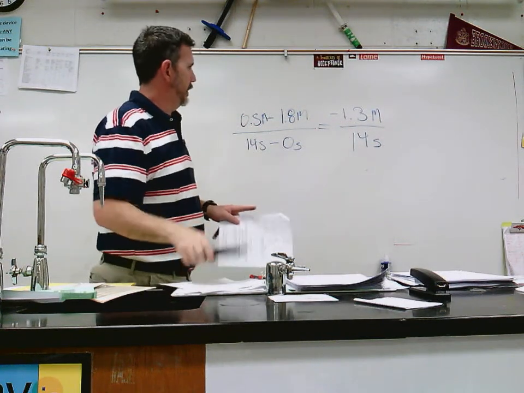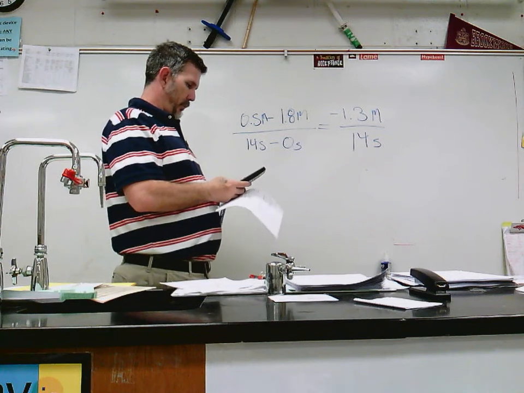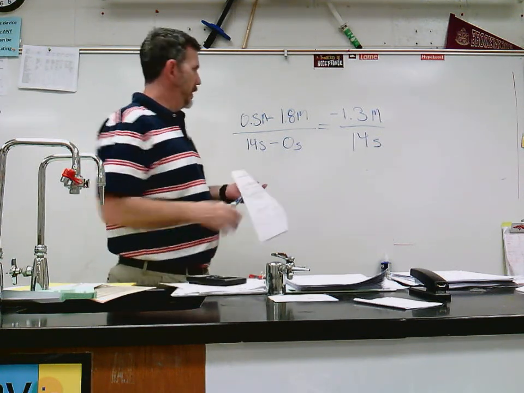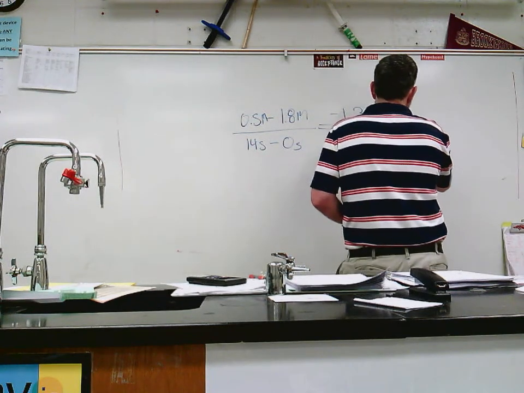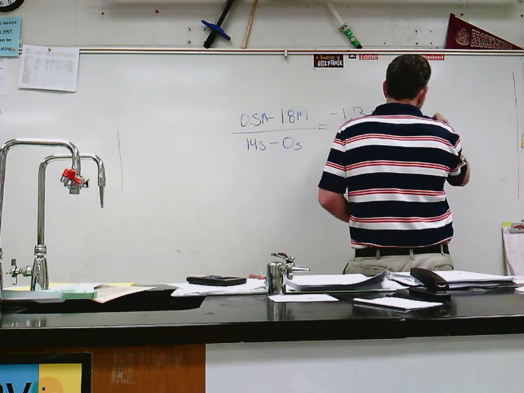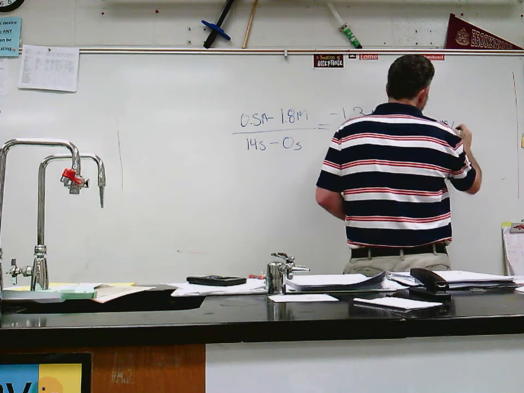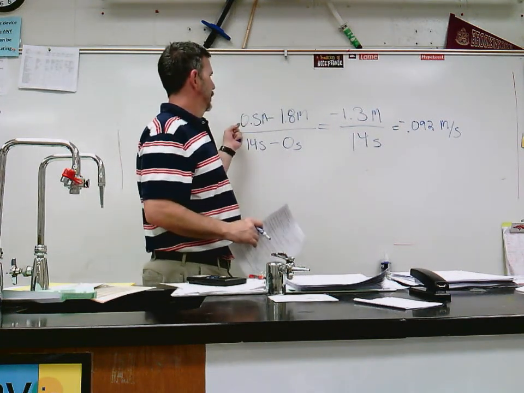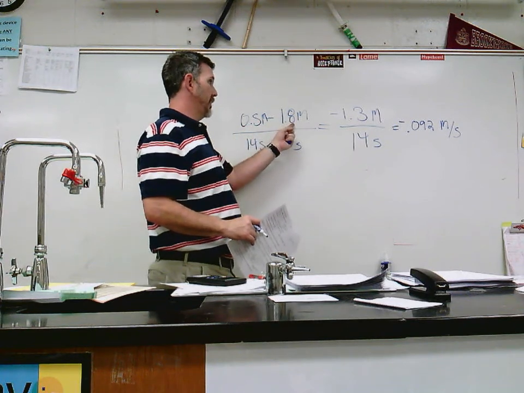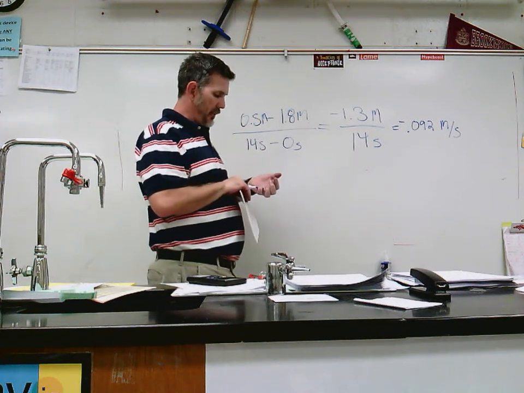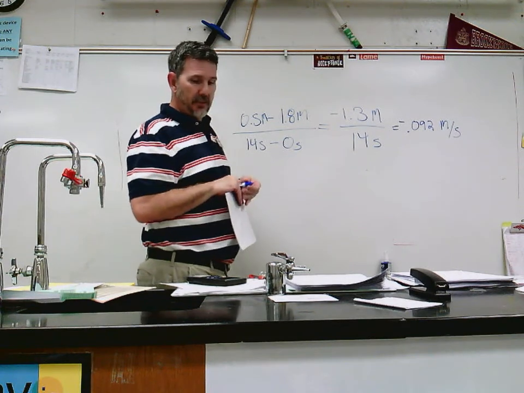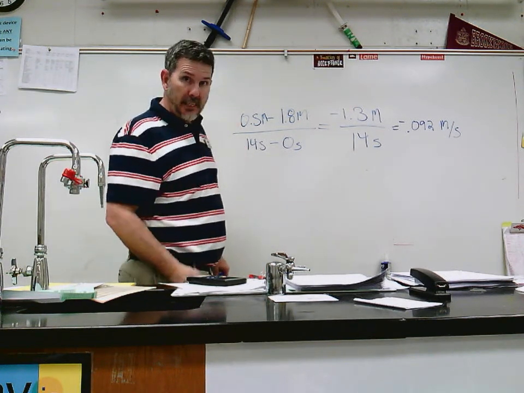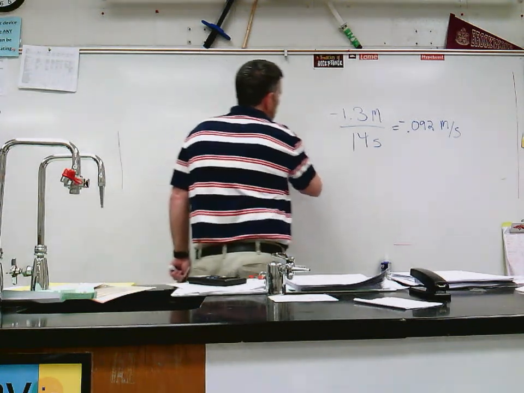So I get 1.3 divided by 14 equals 0.092 molarity per second change. And it was a negative number, which just means it was going down, right? That my molarity was high and it went to something that was lower. That means it was disappearing. Negative numbers are okay for that, but if you don't see an answer that's negative, then by all means, just make it positive.